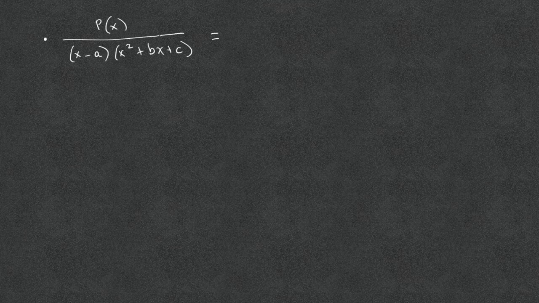If the rational expression is proper and there is one irreducible quadratic factor in the denominator, then we would use a linear expression in the numerator for the irreducible quadratic.